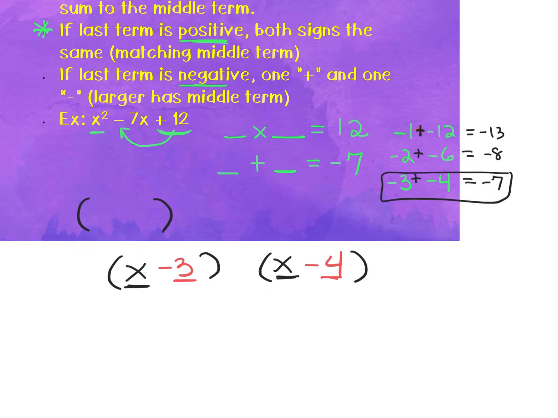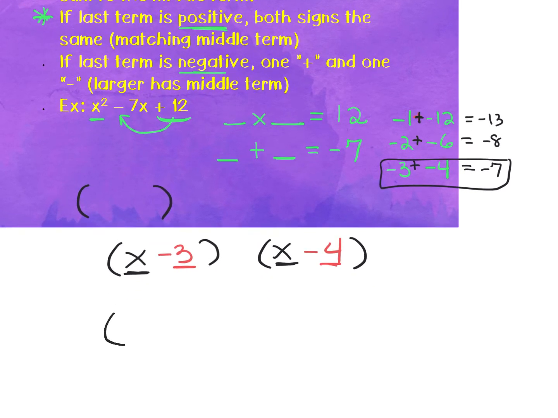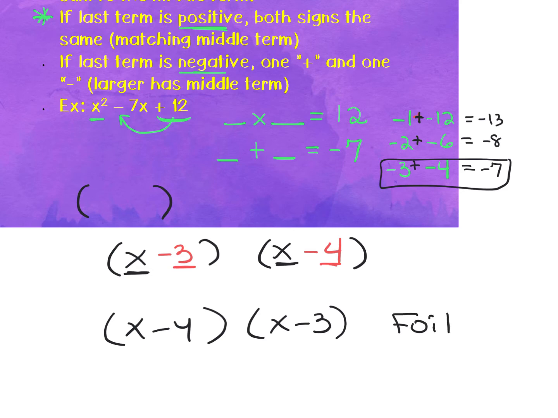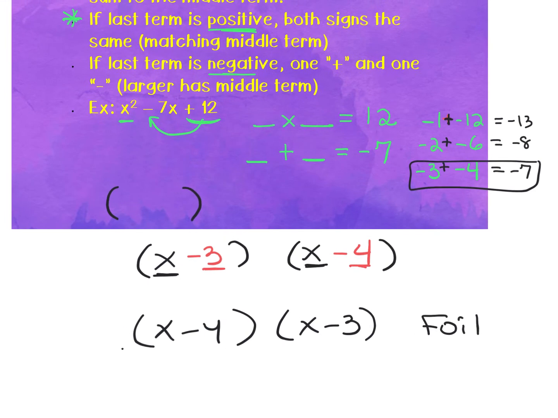Now, it doesn't matter if you set your binomial up as x minus 4 first, x minus 3 second. So the key thing to do when you factor, if you do have additional time, I highly recommend you FOIL this back. And if it does not go back to your original problem, then either you've chosen the wrong factors or maybe the right factors but wrong signs.